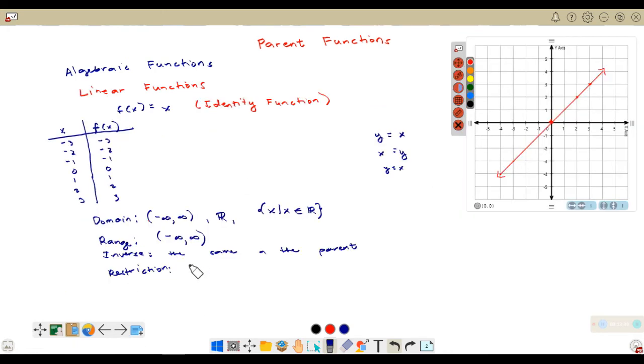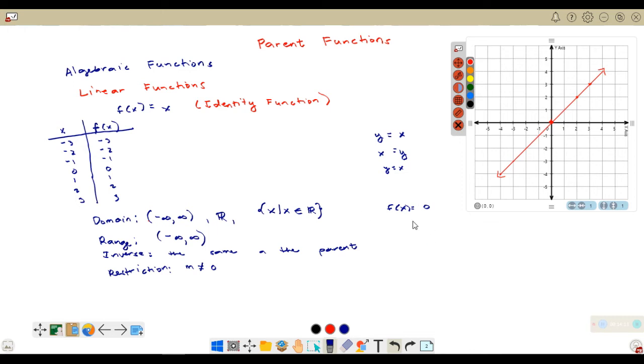Dito, ang restriction natin will be m is not equal to 0. So, bakit? If m is equal to 0, what will happen? So, you will end up with f of x is equal to 0. Magiging constant function na siya. Hindi na siya identity function.